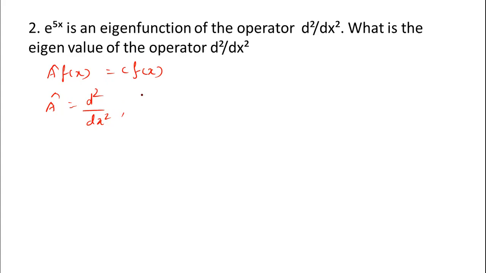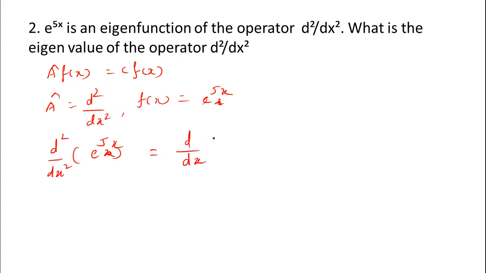Here f of x is equal to e raised to 5x. So we are going to find out the eigenvalue of the operator. So it is now d square upon dx square in bracket e raised to 5x. So it is equal to d by dx.